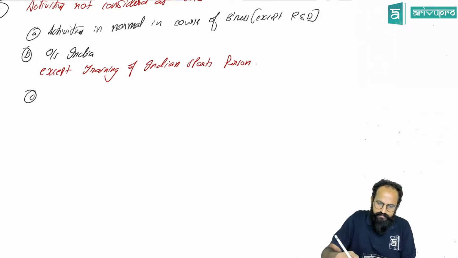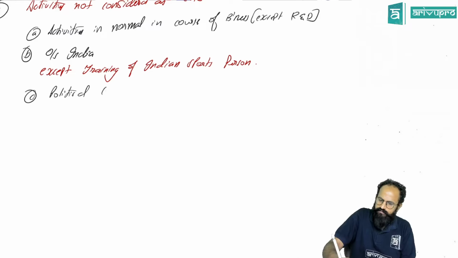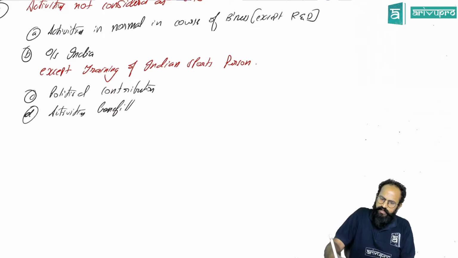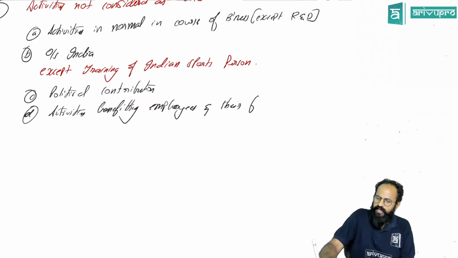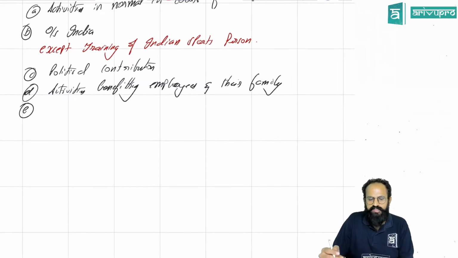Okay, third one, political contribution. Activities benefiting employees and their families. Imagine they come up with a school for employees' children, free of cost education, not CSR.